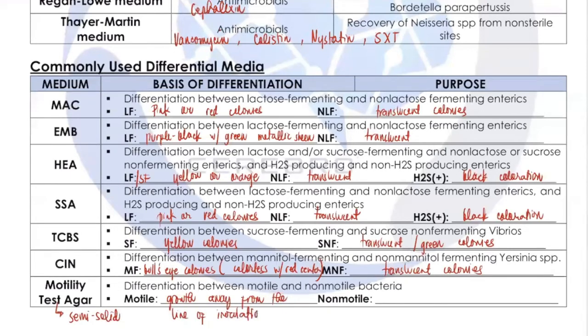Because the organism is growing away from the line of inoculation, it results in clouding of the agar. If non-motile, obviously it will stay within the stab, or the site of inoculation, and of course the agar here is clear. So those are our differential media.